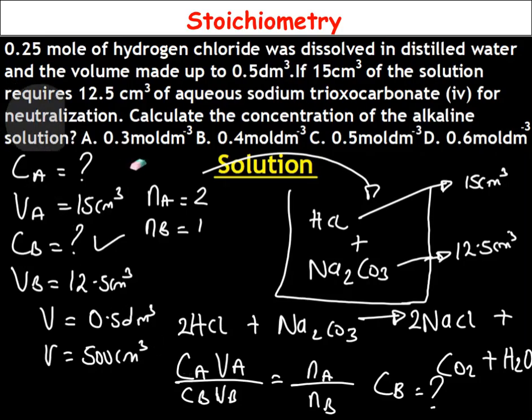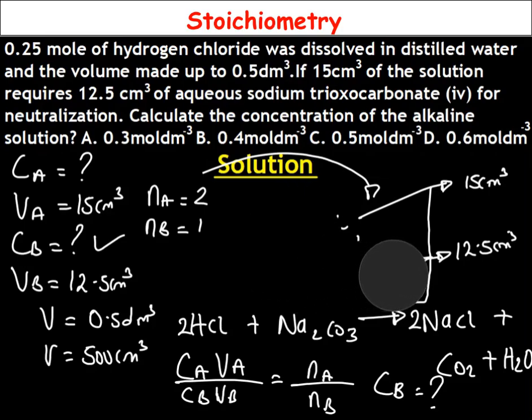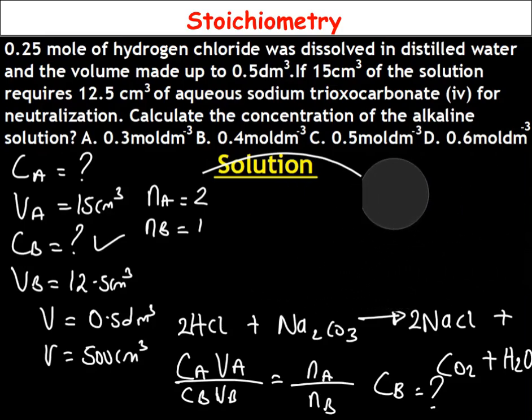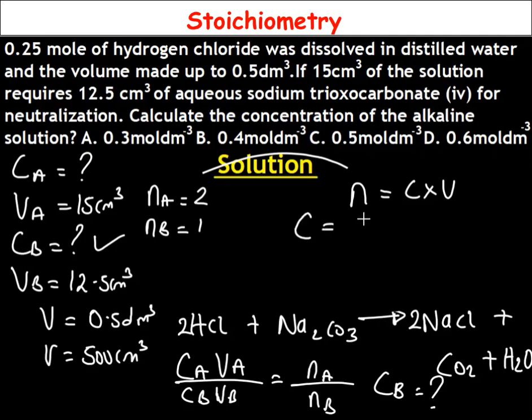We can solve that using, okay, but then let me clean up this place. To then solve for the concentration of the acid, we will apply the formula which is given by N is equal to C times V, where N is the number of mole, C is the concentration, and V is the volume. So to now solve for C, C is then equal to N over V. Is it not so? So C now is what we're looking for. The number of mole of the acid is 0.25 mole of hydrogen chloride.